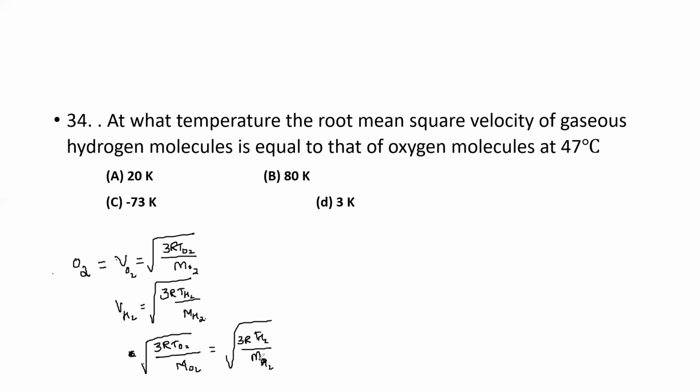The square root gets cancelled on both sides. Then 3R gets cancelled on both sides. Therefore, you are left with T_O2 divided by M_O2 is equal to T_H2 divided by M_H2. Correct?